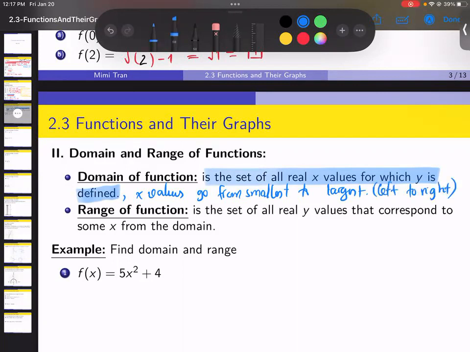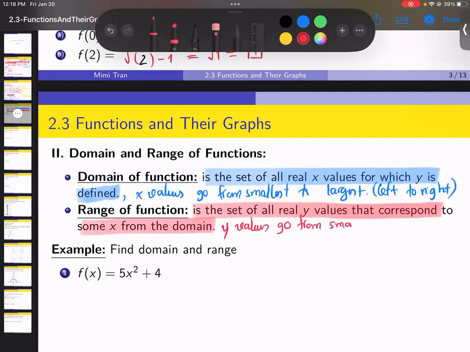The range is all the y values corresponding to some x in the domain, meaning just the vertical perspective of it. I need to highlight in red actually. So the y values still go from smallest to largest, and this time, bottom to top.